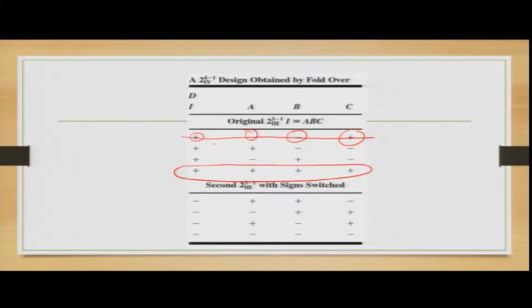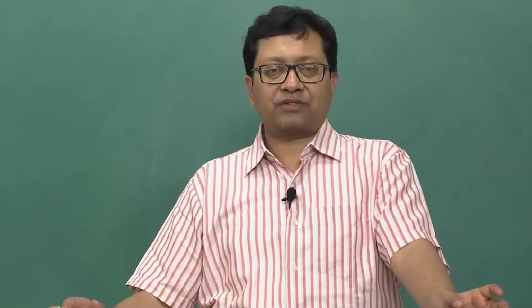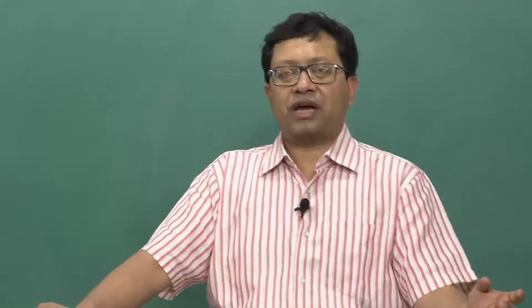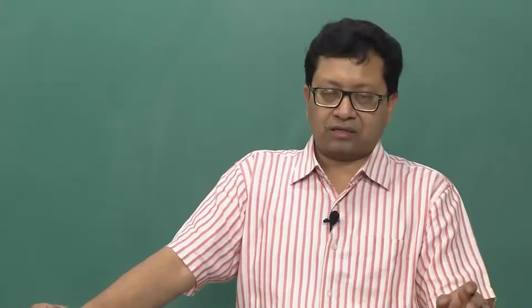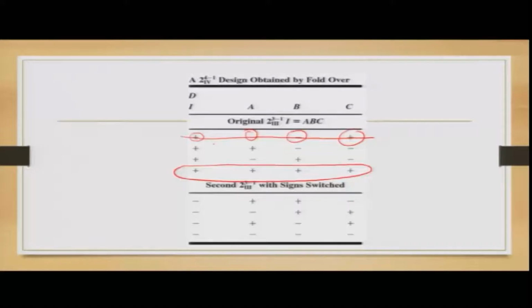Now, with signs switched, each combination of signs which we had earlier would now be reversed. That means if they were positive, they would be negative, and vice versa. Their overall effects, if high, would now be low. So, in this, the signs of the generator indicator I would now be minus.